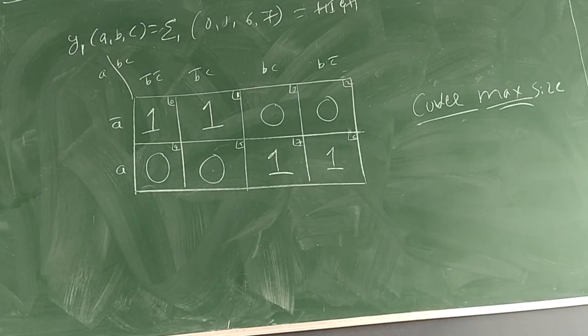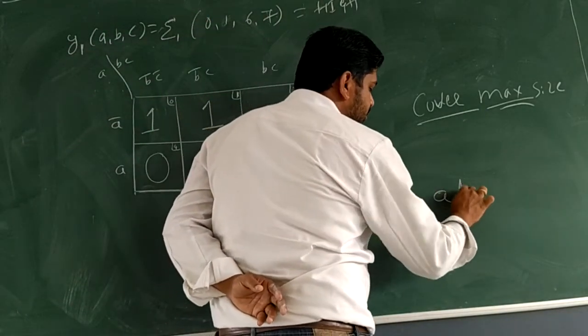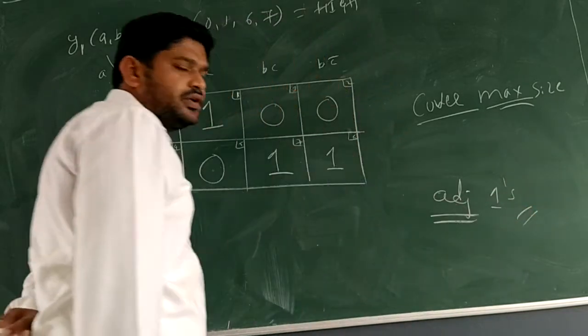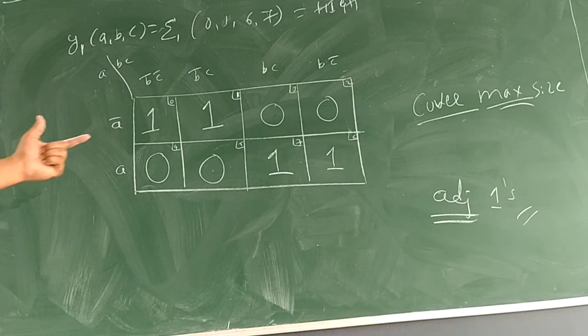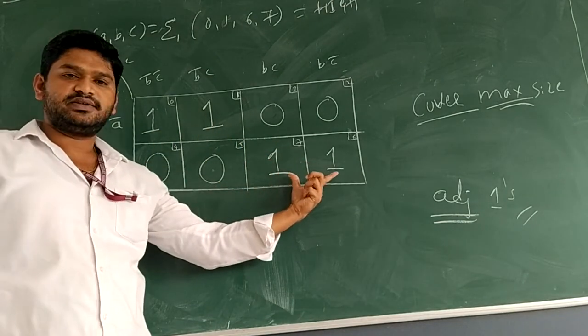Okay, now see here, fix to the rule: adjacent ones. You have already seen what is the meaning of adjacent. So adjacent means 0 and 1, 6 and 7.